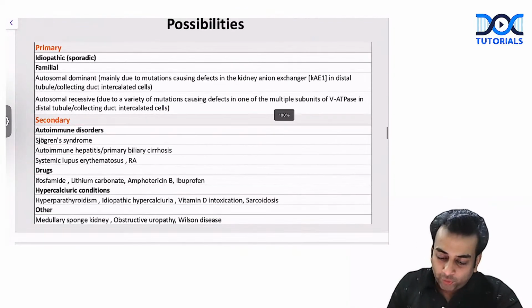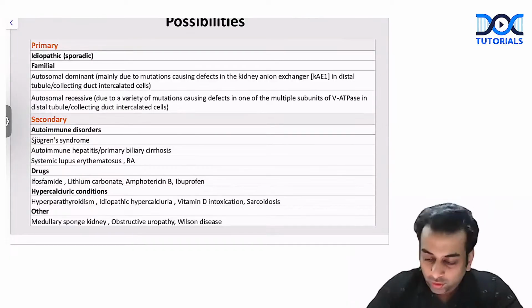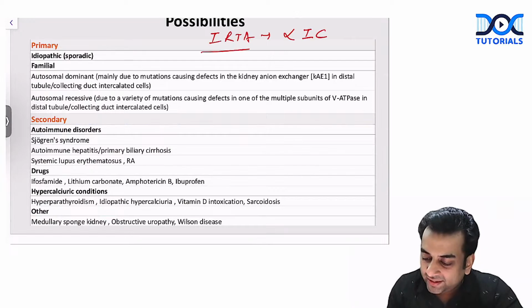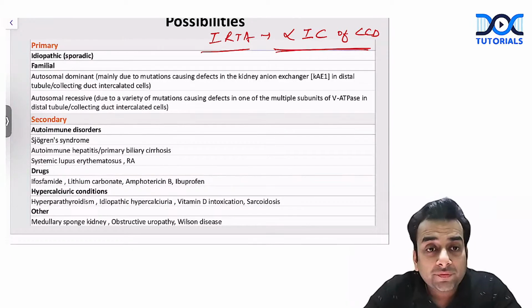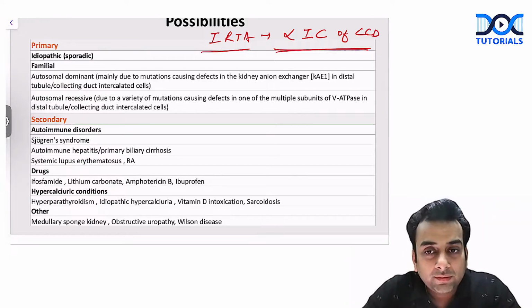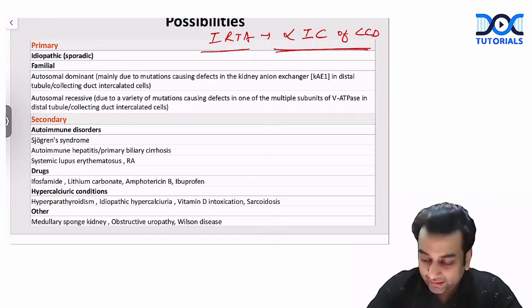So, what are the possibilities? Now, first of all, you know that the distal RTA or the type 1 RTA involves the alpha intercalated cells of the cortical collecting duct, which is the chief site for acidification of the urine, which has the proton pump and the K plus H plus antiport. Both the channels are there on the alpha intercalated cells, which secrete the proton. One secretes the proton and one secretes the proton in exchange of potassium.